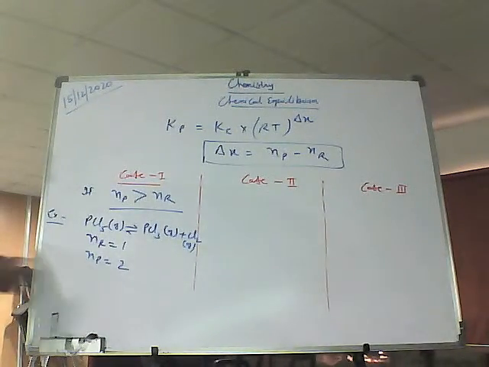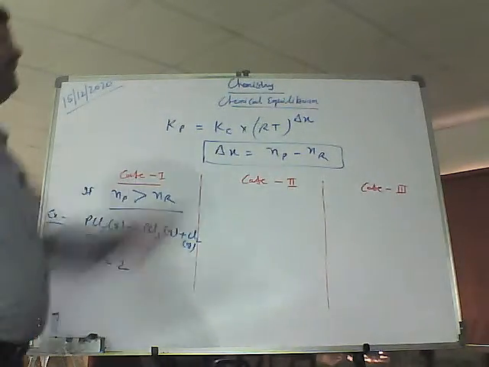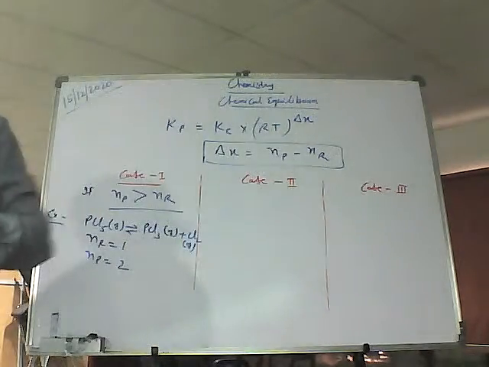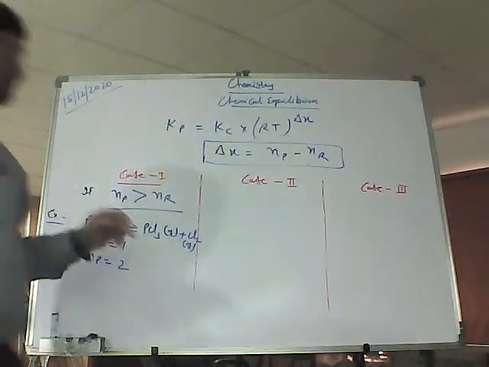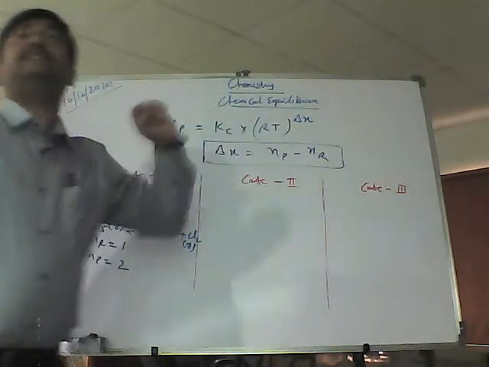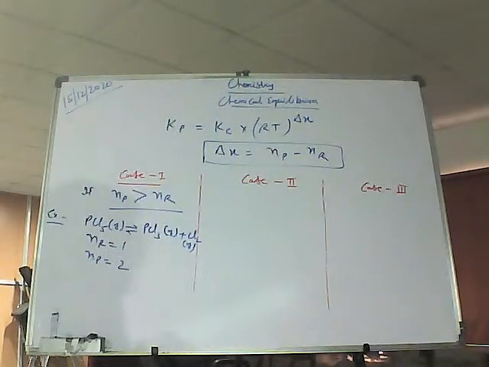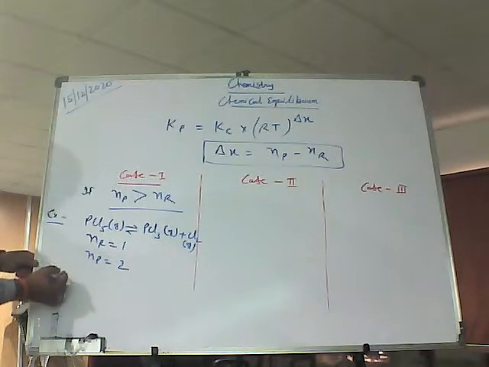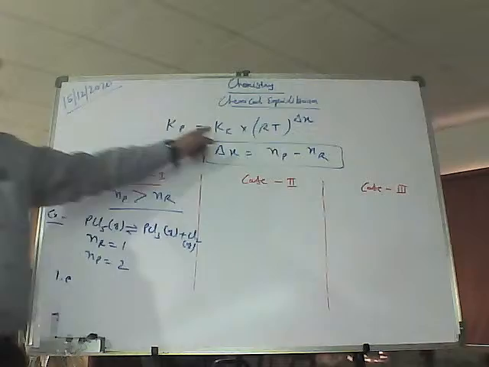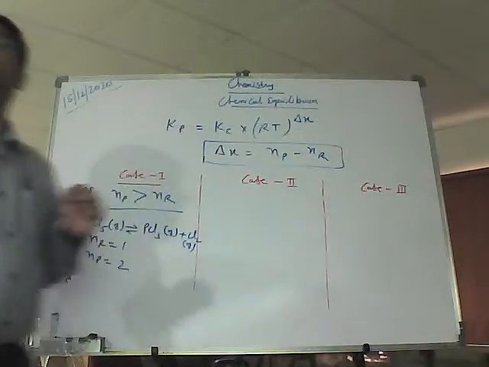And if the number of moles of the product is more, तो हर बार क्या होगा, delta x always will be positive, क्योंकि ज्यादा से कम घटाओगे तो रिजल्ट पॉजिटिव आएगा. So in this condition, when you multiply, the value will become very big.